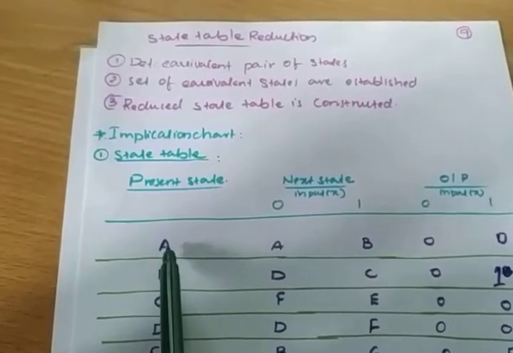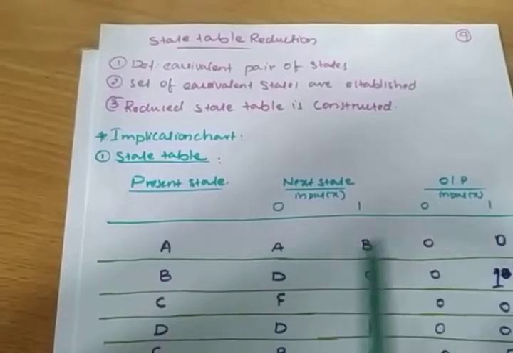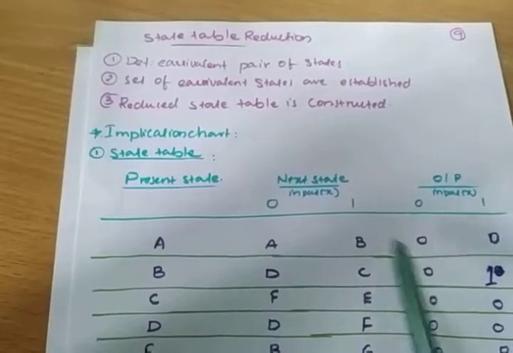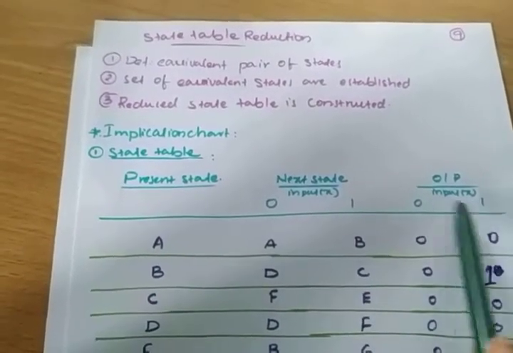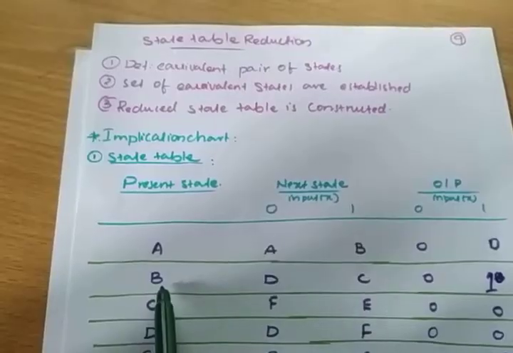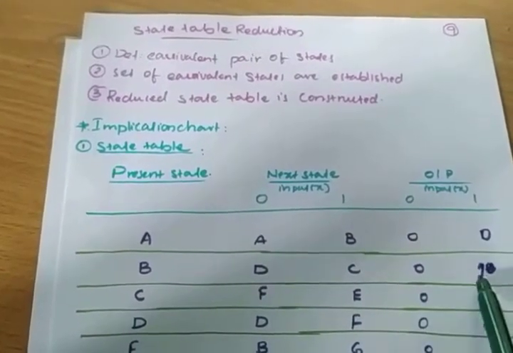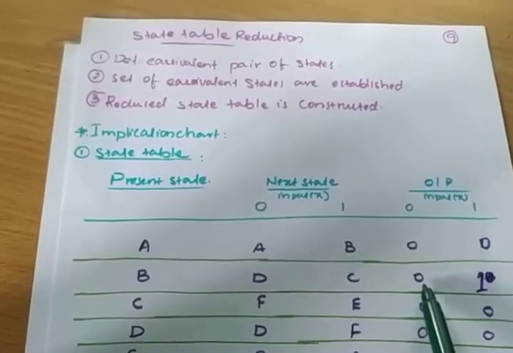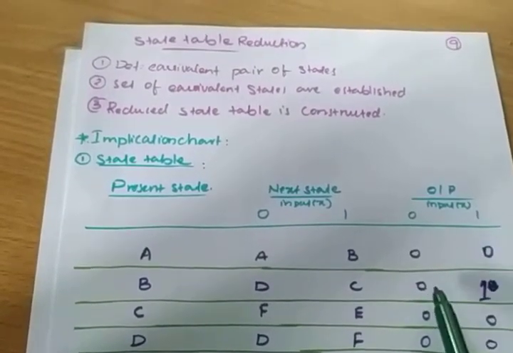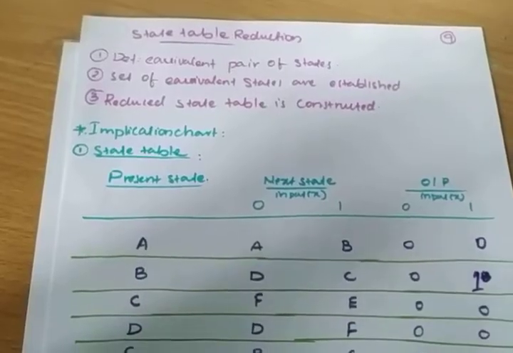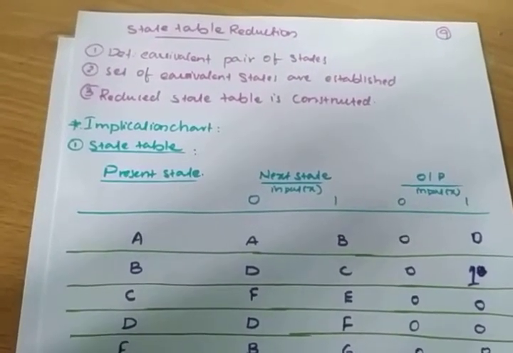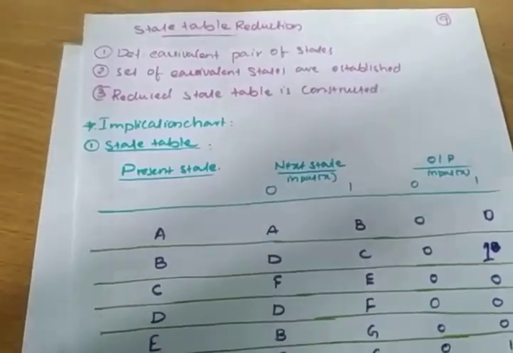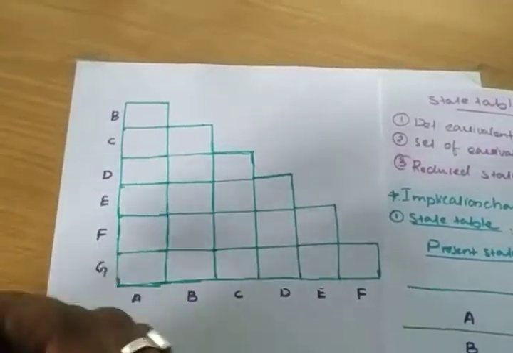This is present state A and this is present state B. Look at the outputs. For present state A, for different inputs, the output is 0 0. For present state B, the output is 0 1. That means the outputs are different, so they do not match. There is no correlation between the outputs of A and B, so we can put a cross there.